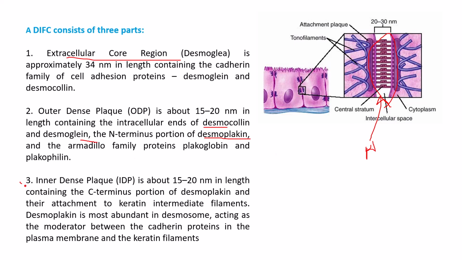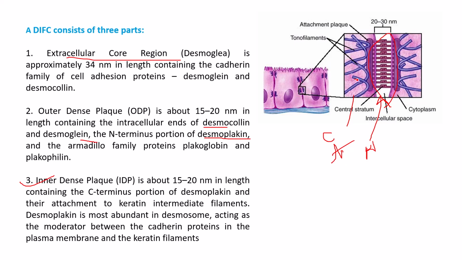Now the inner dense plaque is about 15 to 20 nm in length, and they contain the C terminus. Inside, these protein structures have their C terminus. Fine. So this C terminus portion of desmoplakin attaches to keratin intermediate filaments.